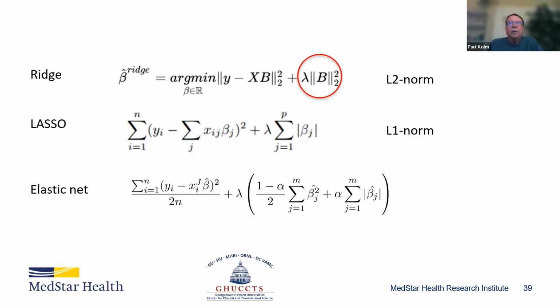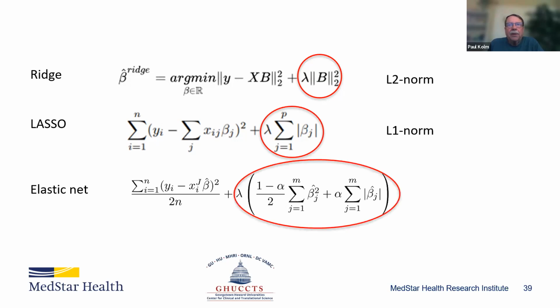In ridge regression, the regression coefficients are squared, so it's always going to be positive. And so is the lasso, but the lasso is the absolute value, not the square. And then the elastic net, which is the combination of both of them, you have this penalty here.